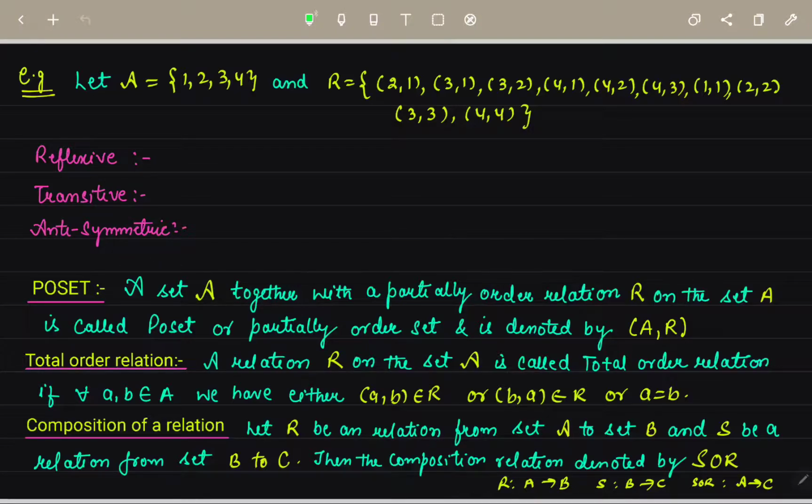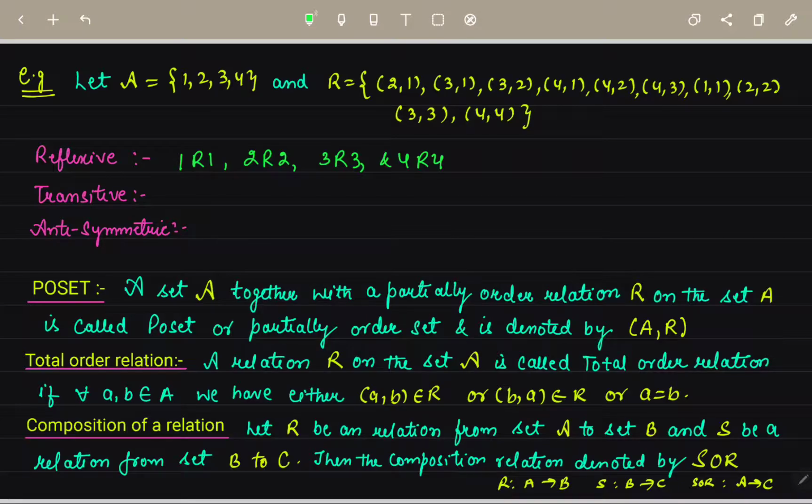So clearly I will write here 1 is related to 1, similarly 2 is related to 2, 3 is related to 3, and 4 is related to 4. So it implies that A is related to A for all A in A, hence the relation is reflexive.